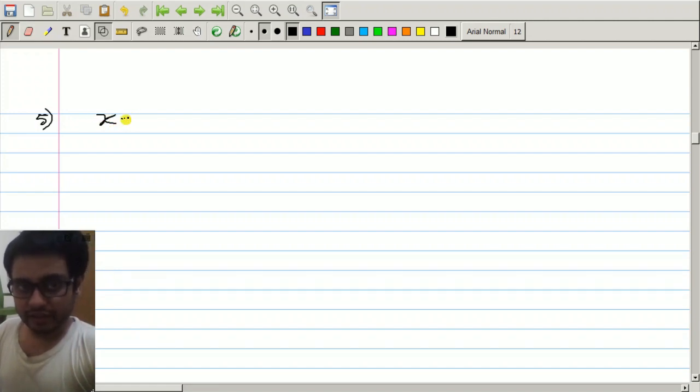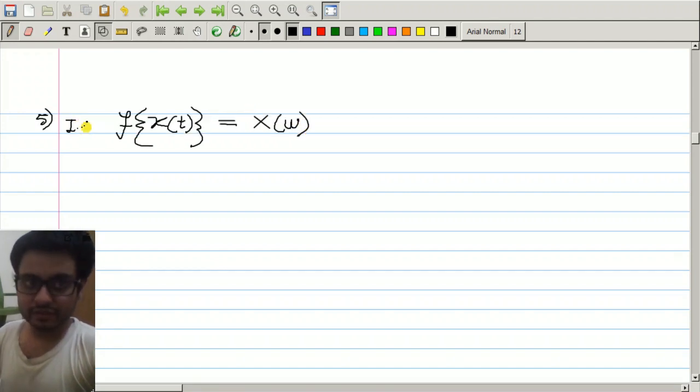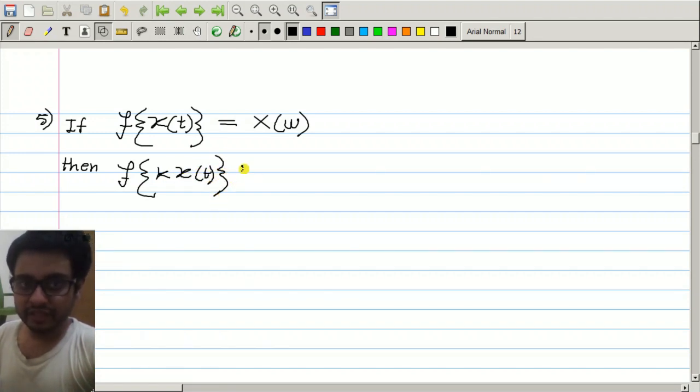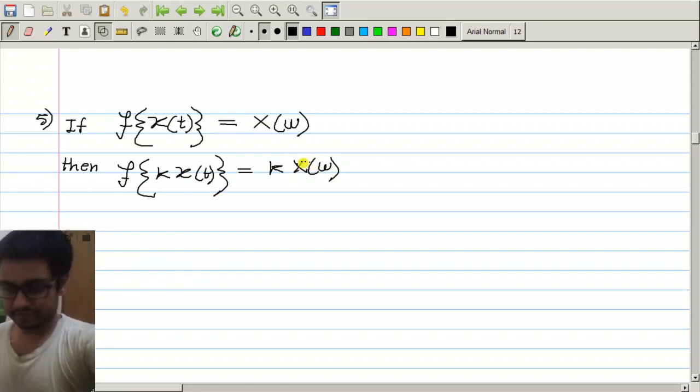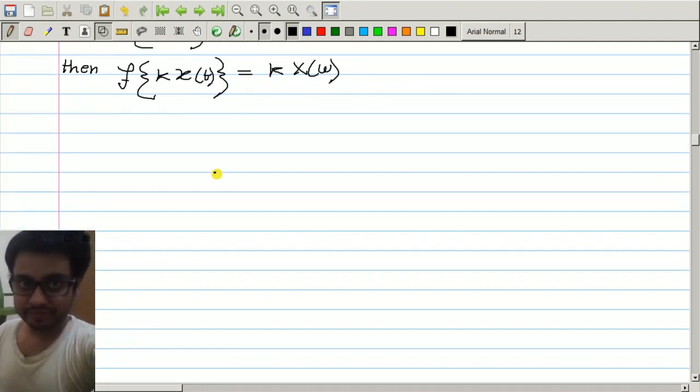If the Fourier transform of a signal x(t), which we will denote with this symbol, is capital X of omega, then the Fourier transform of k times x(t) will be equal to k times capital X(omega). Try to prove it yourself, and here is the proof.